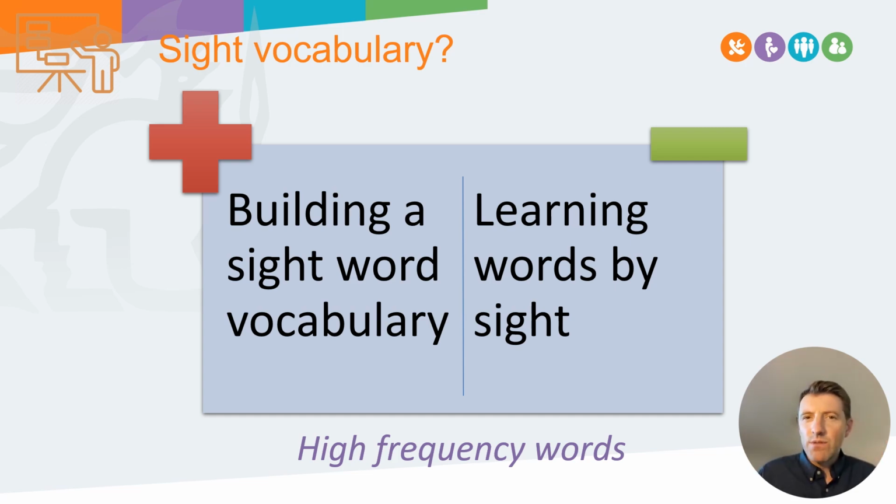It's also important to remember that many of these high frequency words are irregular in their phonetic pattern. Was is a great example of a high frequency word. Was is written W-A-S. We don't say "wass", we say "wuz".